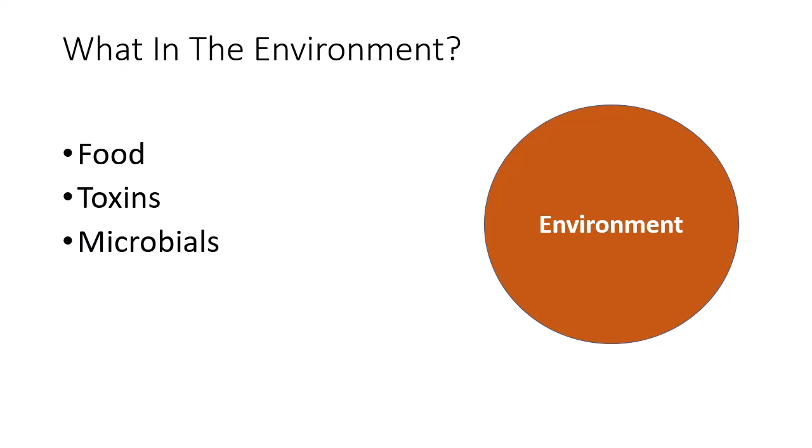Finally, we have microbials, and by microbials I mean bacteria, viruses, parasites, things that are microbes. And so when we have an infection, a stealth infection or a chronic infection that is going on in our tissues, then the immune system is trying to attack those microbials, those invaders, and there can be a mix-up wherein the immune system starts attacking the tissue where the infection is occurring.